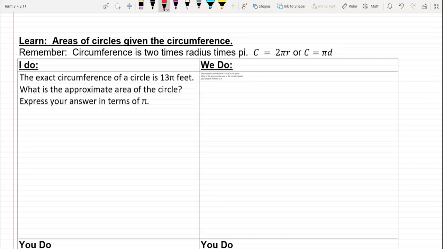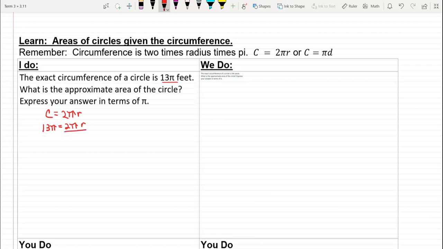So here we're given a circumference of 13 pi feet. So we'll use our circumference formula, and we'll use 2 pi r because we're looking for radius. So let's put in 13 pi for our circumference, and we'll leave the pi symbol as it is.